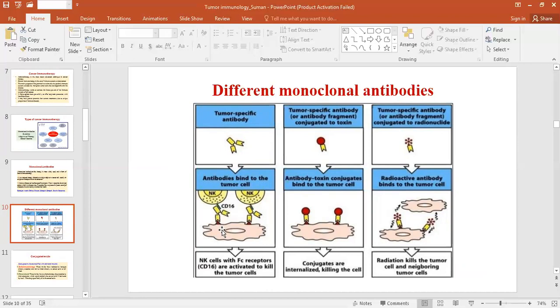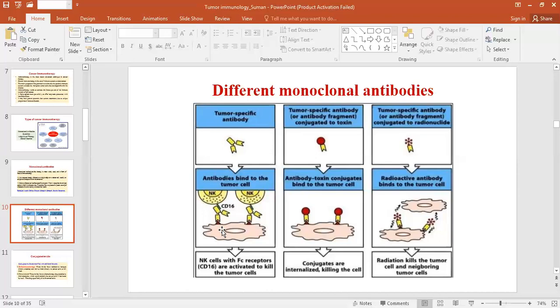So NK cells with their Fc receptor, that is the CD16, are activated to kill the tumor cells. Next, a tumor-specific antibody or antibody fragment conjugated to a toxin. So this antibody-toxin conjugate binds to the tumor cell and the conjugates are internalized within the tumor cell, killing it.